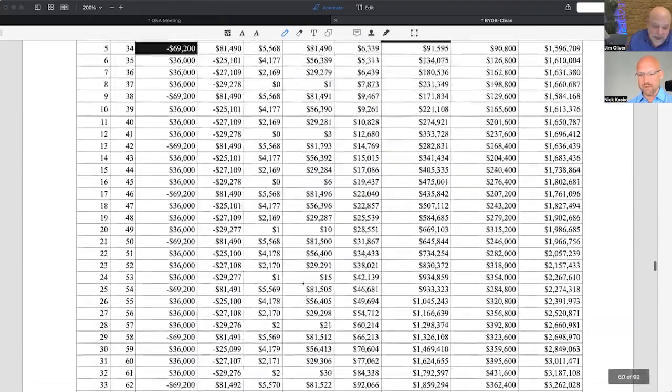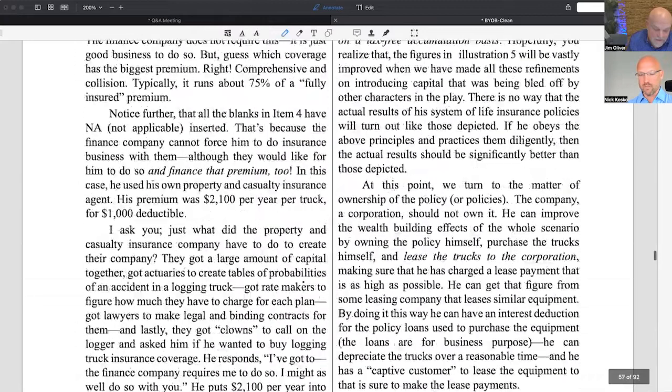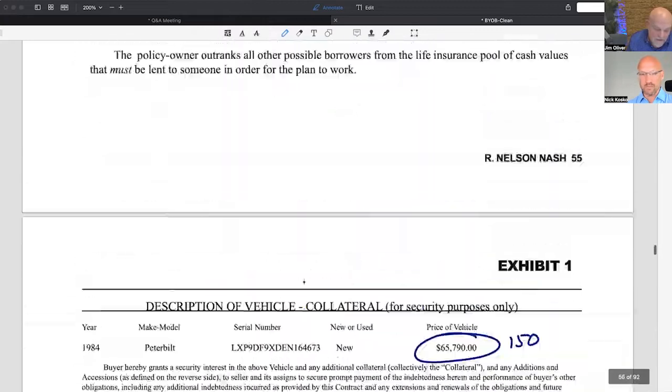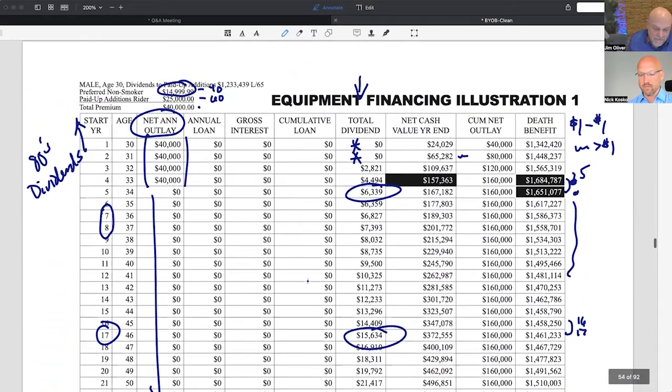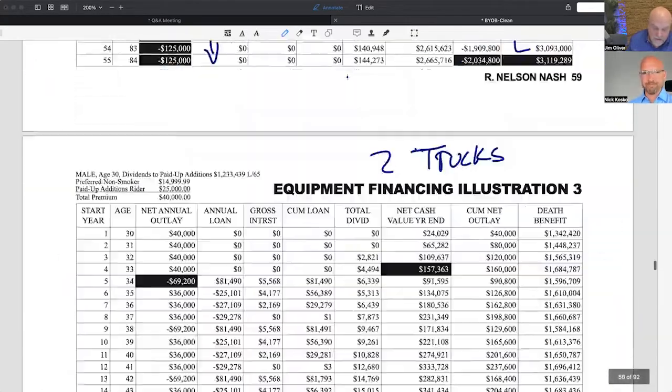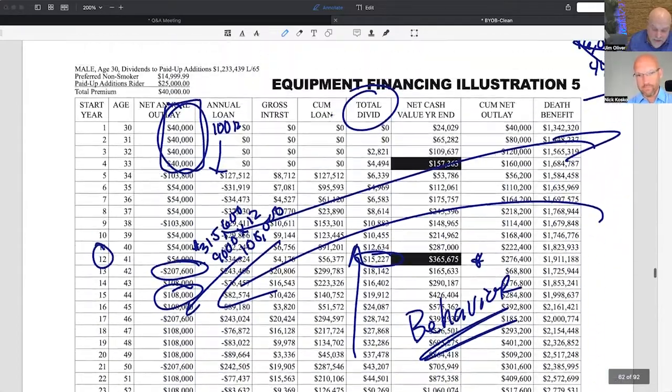It doesn't do that when I just buy the F-150 and don't do anything with it, when it just sits there and looks pretty. It's a liability when it's sitting there and looking pretty. This vehicle is a liability. This is an asset. All of these other examples are assets.